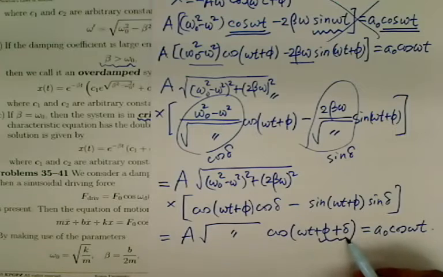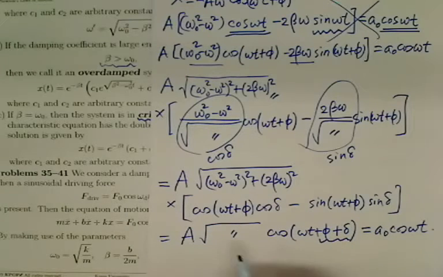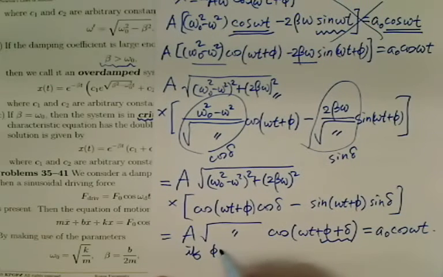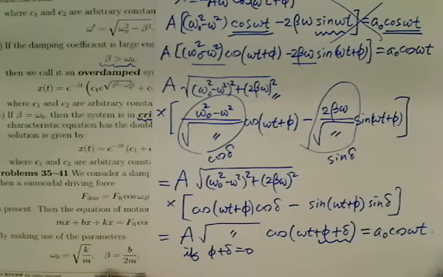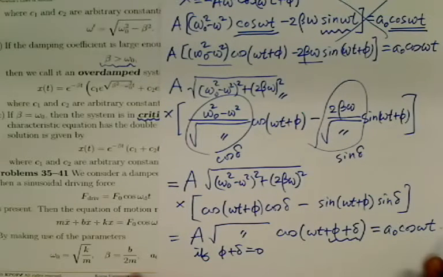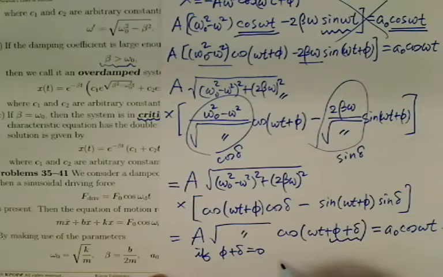Okay. So the left-hand side becomes the right-hand side if phi plus delta equals 0. That means phi equals minus delta.